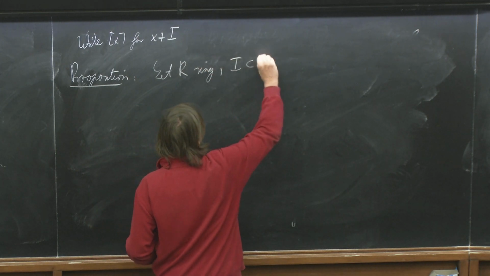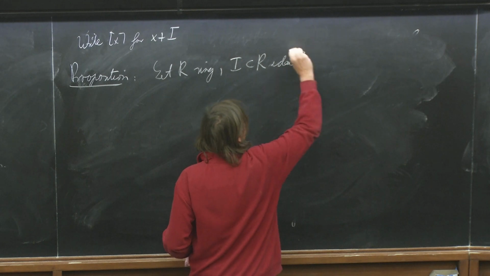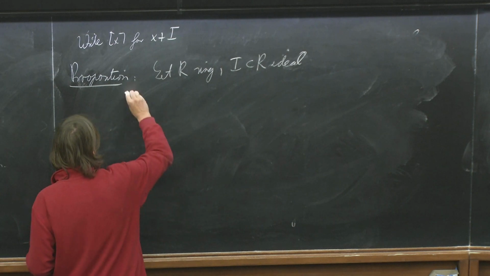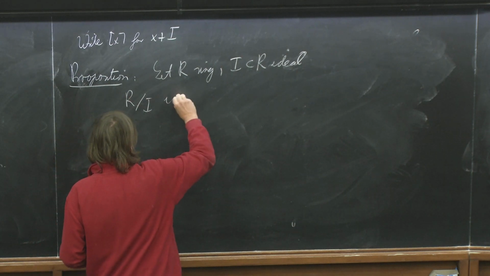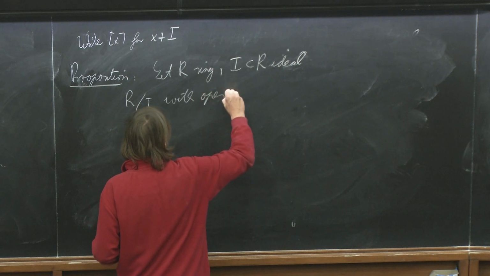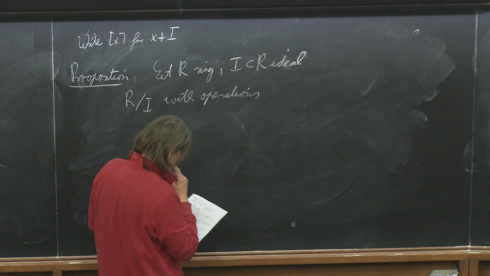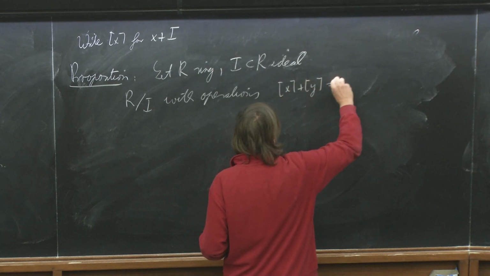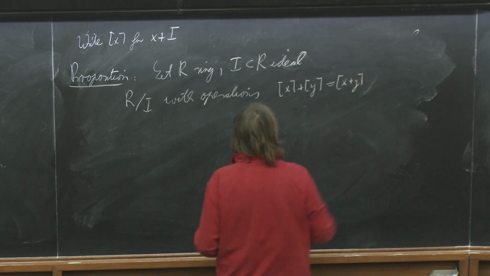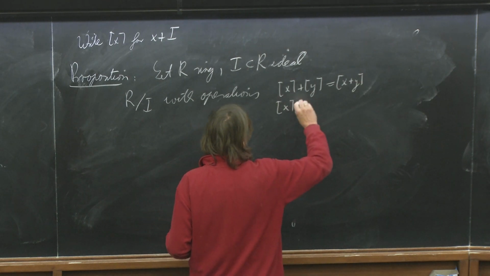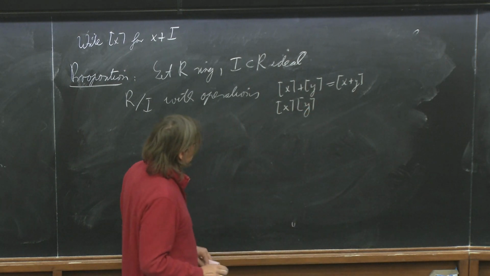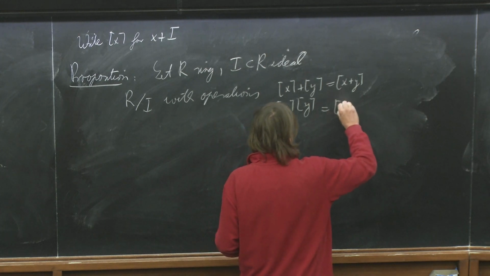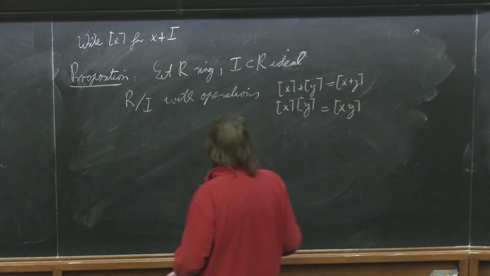Let R be a ring, I an ideal. Then R mod I, with the operations x plus y, the coset of x plus y as I had defined it, and the multiplication also in a similar way, the multiplication of the cosets of x and y being the coset of x times y, is a ring.